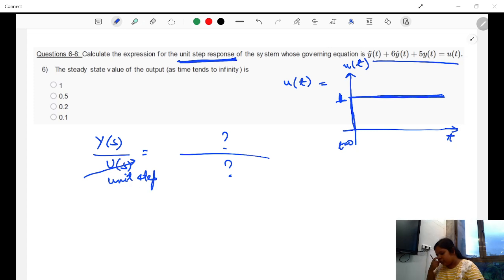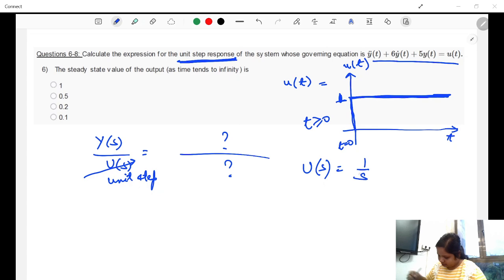If this is a unit step, in the time domain it is going to be 1 for t greater than or equal to 0. What about the Laplace domain? Can someone refer to the table and tell me the Laplace transform of the unit step function? 1 upon s. Right, 1 upon s.